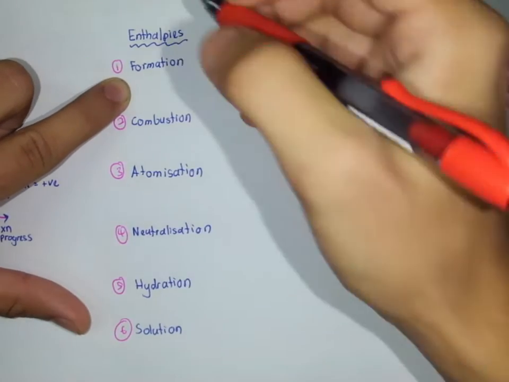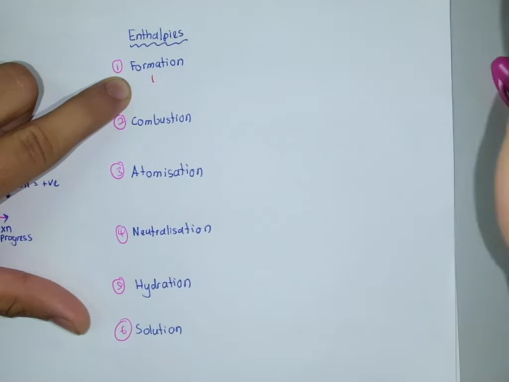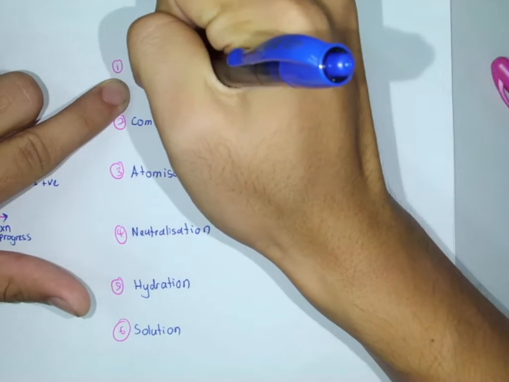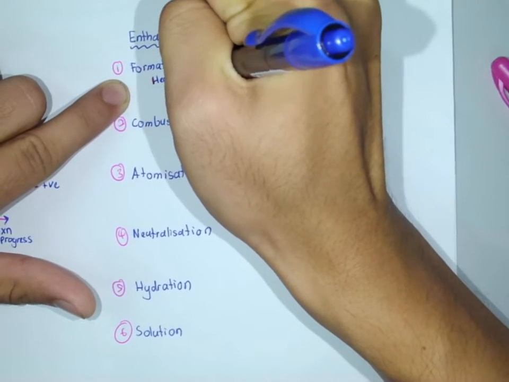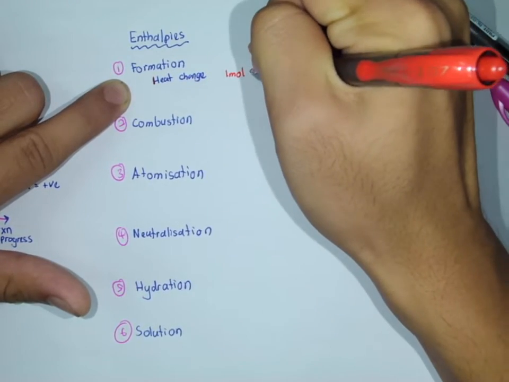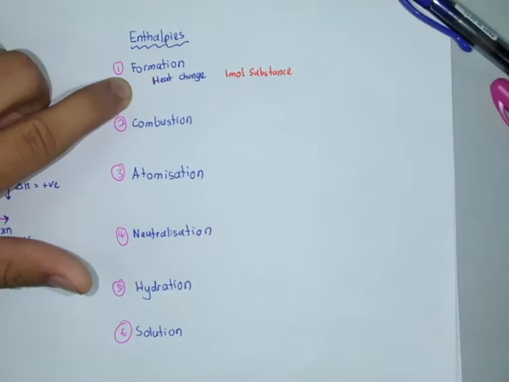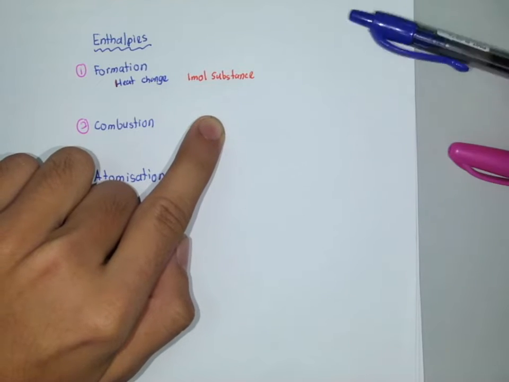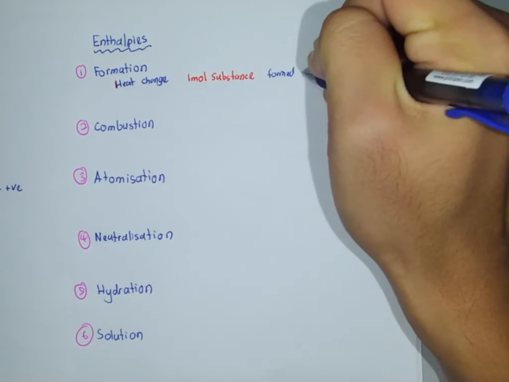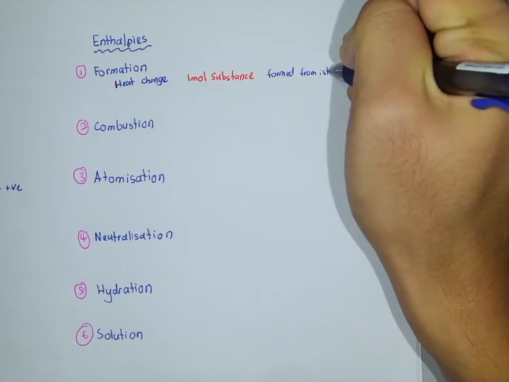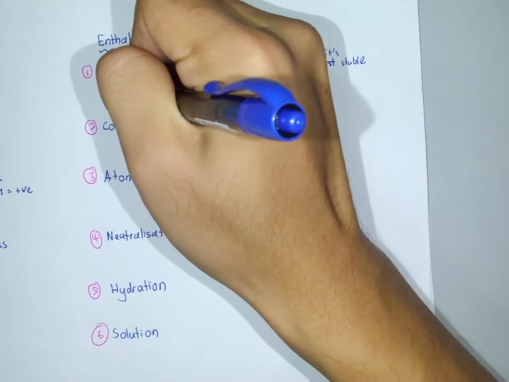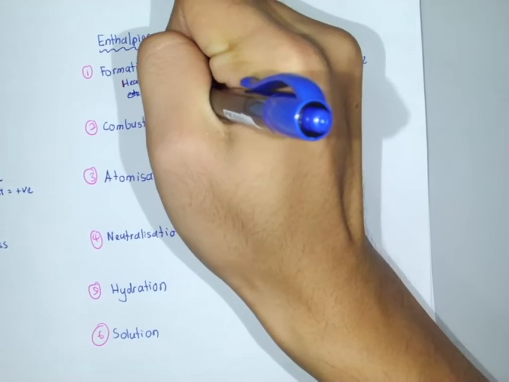So enthalpy of formation is the energy release or energy absorbed, the heat change, bila 1 mole of substance form from its stable elements.